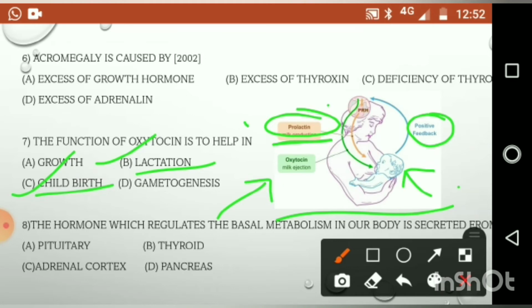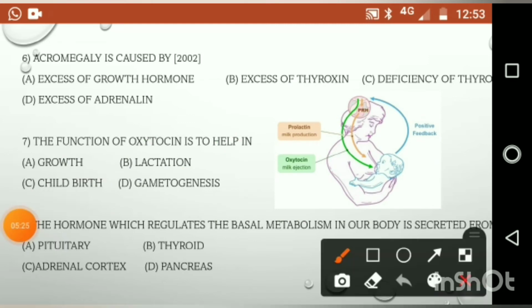So first the milk will be produced, due to the increase in prolactin. As a result, milk will be produced, and later on oxytocin will come into the picture, and it will lead to the release of the milk from the breast. So here oxytocin has two functions, that is in childbirth as well as in lactation, okay, so don't get confused.